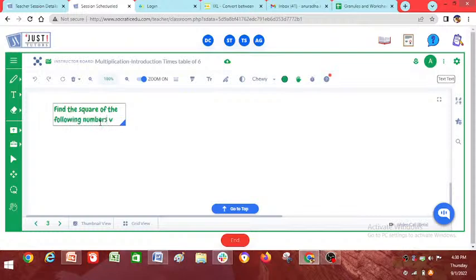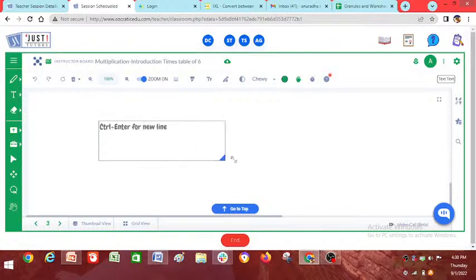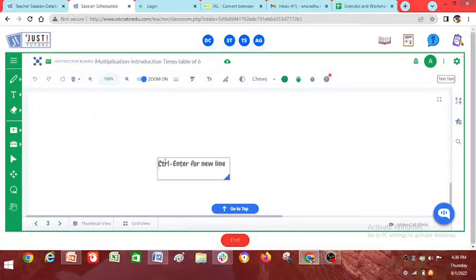So let's take one number and then we will find the square of the following number.